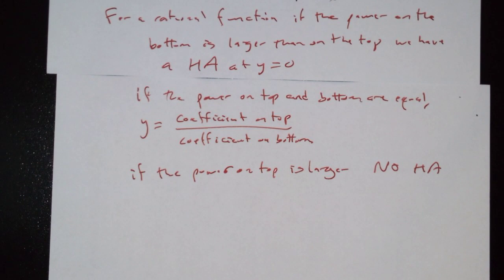That only works for a rational function, polynomial on top, polynomial on bottom. If you have a root or a trig or an inverse trig or an exponential, we've got to pay much more close attention. We can't use this idea. There are other ways to evaluate limits that behave like this.